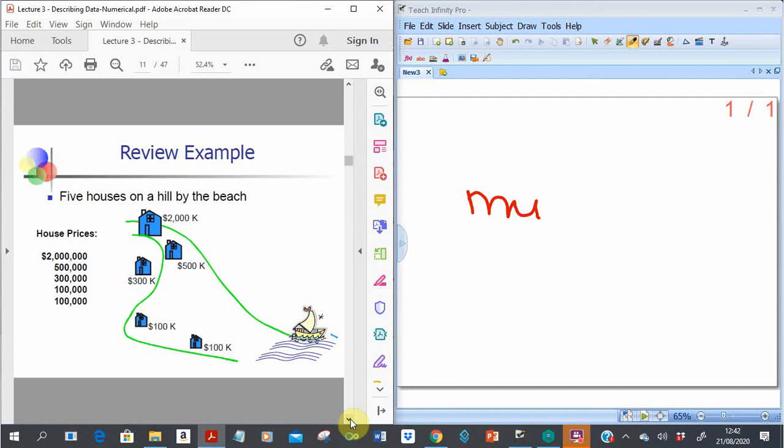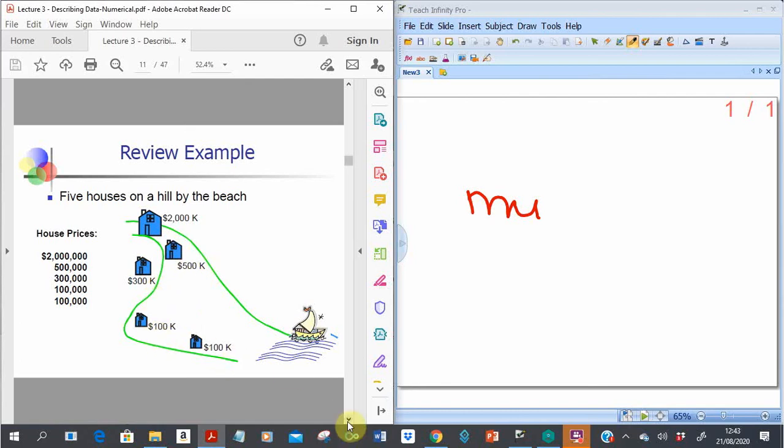Now, there is just a scenario of 5 houses. Just take note of the house prices. We have 2,000, we have 500. I can see both kwacha and dollars, but we'll just use the numbers 2,000, 500, 300, 100, and 100.